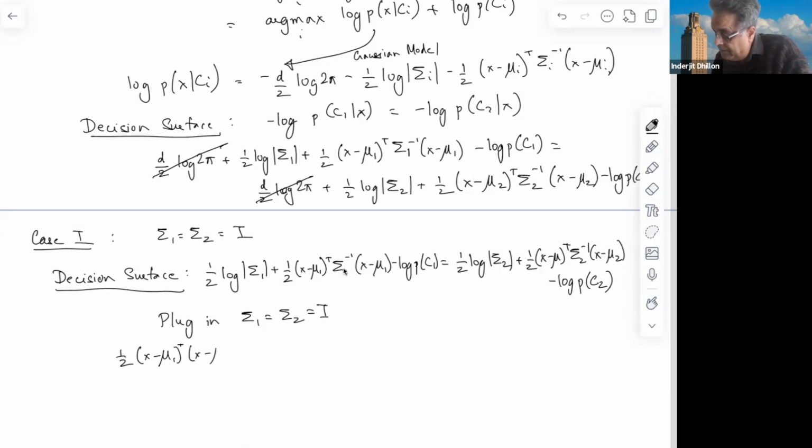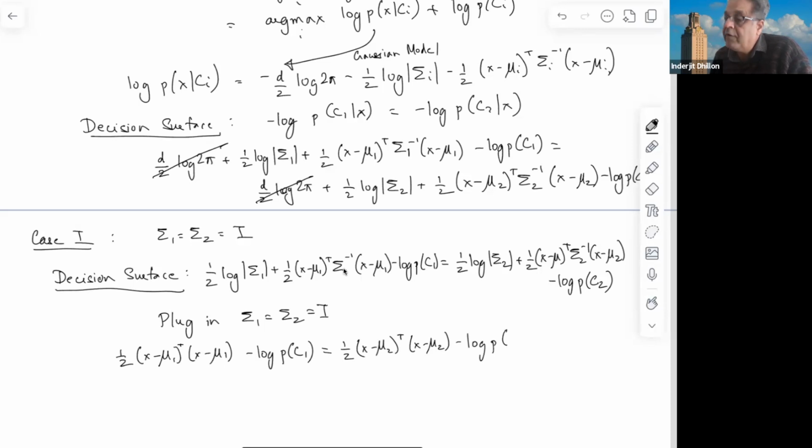So I'll just get X minus mu1. Then I get minus log of PC1 is equal to 1/2 (X minus mu2) transpose (X minus mu2) minus log PC2.